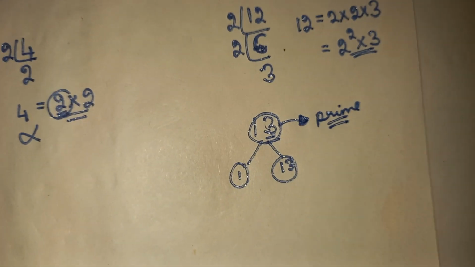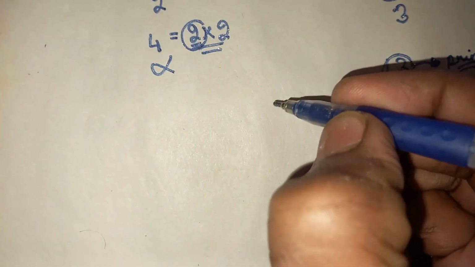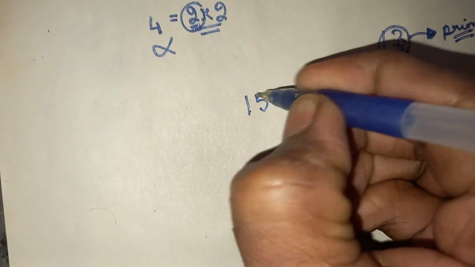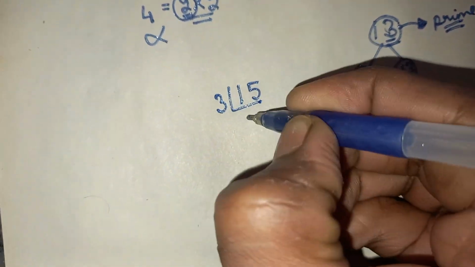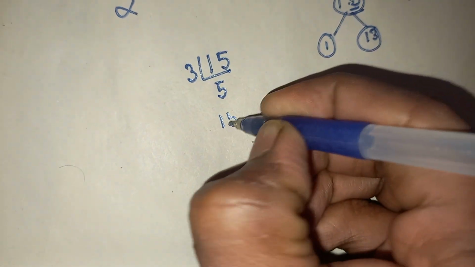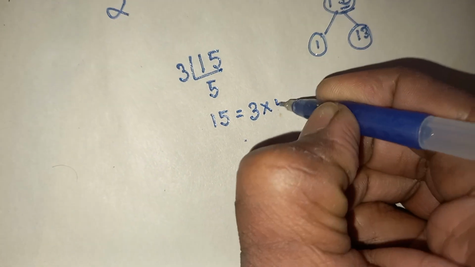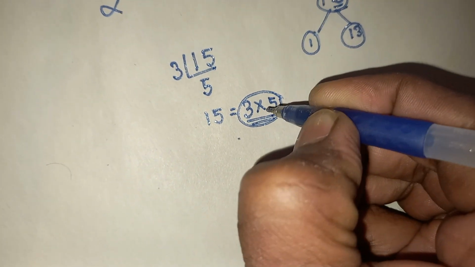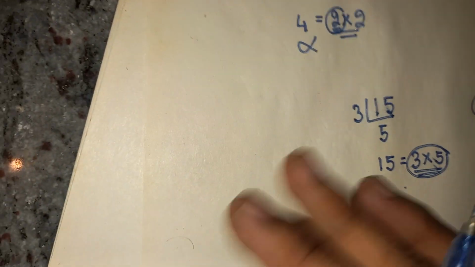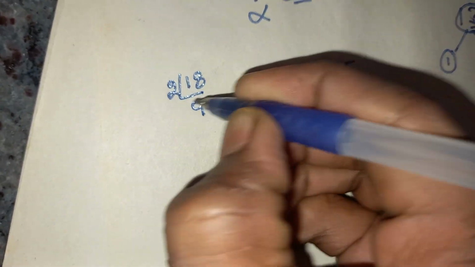I'm going to tell more interesting facts. Let's find out what 15 is. 15 you can start dividing as 3 times 5. So 15 can be written as 3 times 5, where 3 and 5 are prime numbers. You can take the next number, that is 18. Here, any even number other than 2 is not going to be a prime number, because any even number will first be divisible by 2 itself.